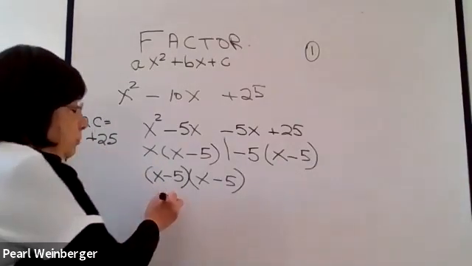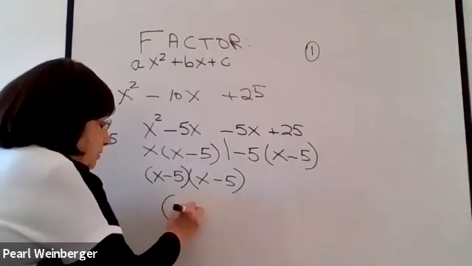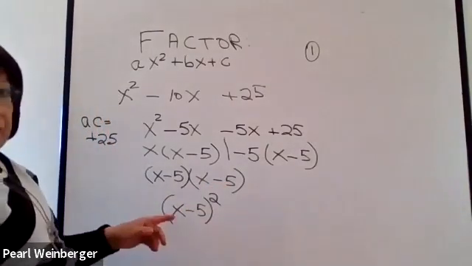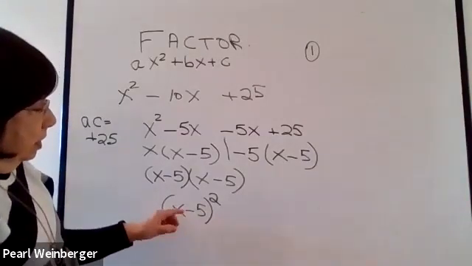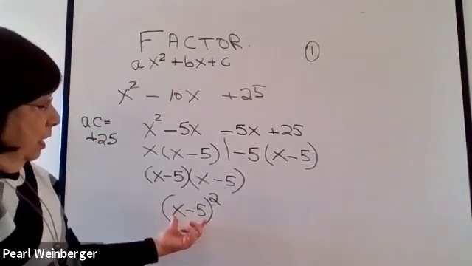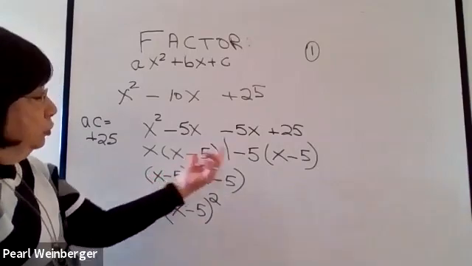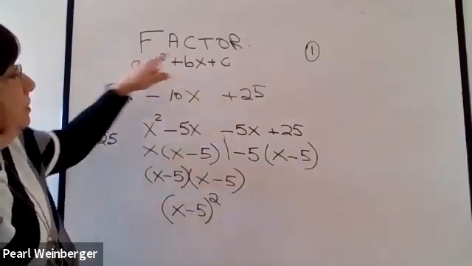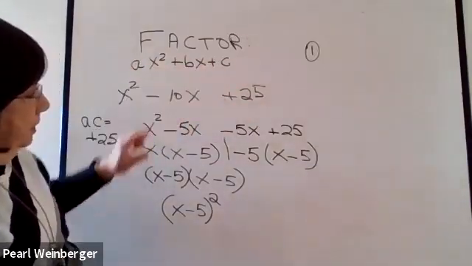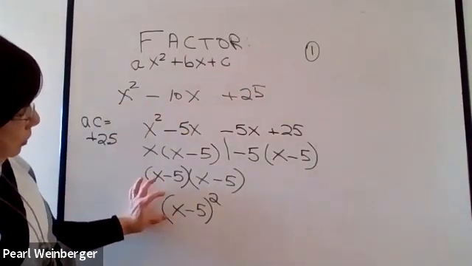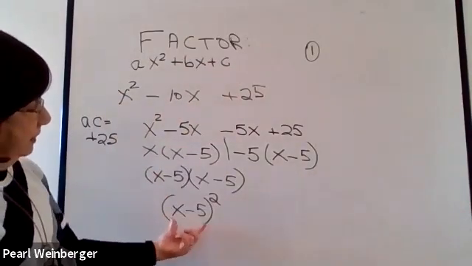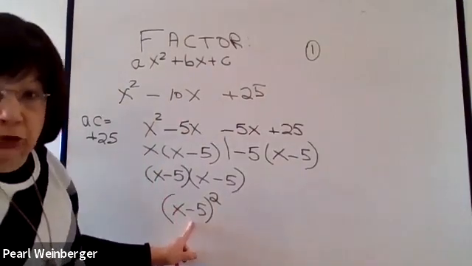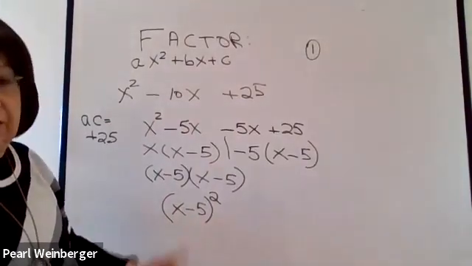It could also have been written as x minus 5 with a square on the outside, the binomial squared, because these two binomials are identical. In other words, this is a perfect square trinomial, because when I factor it, I got both factors to be identical. Again, this is correct, but if you were getting a multiple choice question, it would probably give you the answer this way.